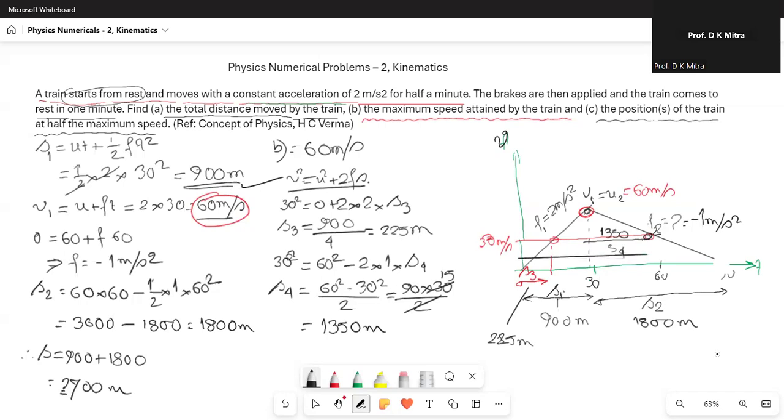This distance is obviously 1350 plus 900, which is equal to 2250 meters. So the answer to part C is: one answer is 225 meters and the second answer is 2250 meters. That's all.